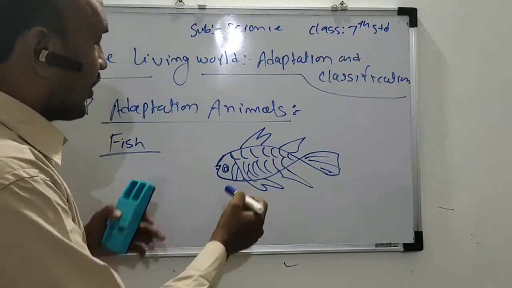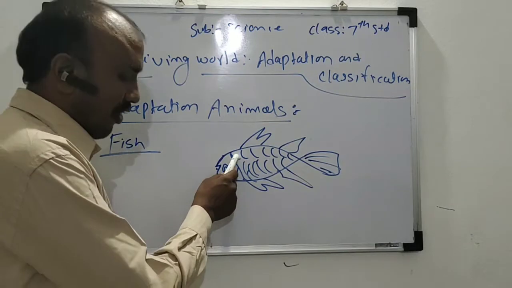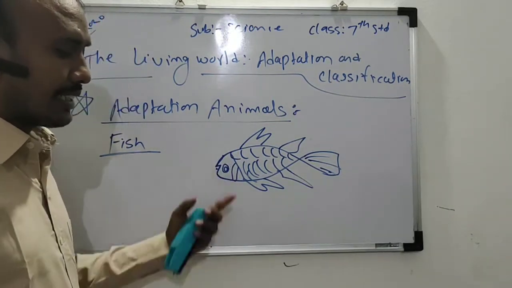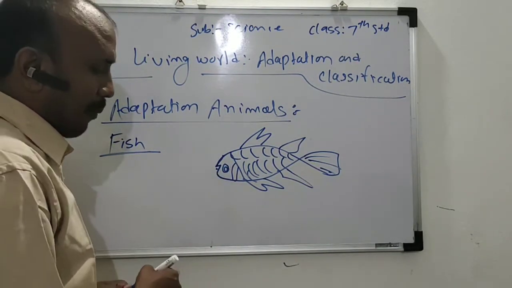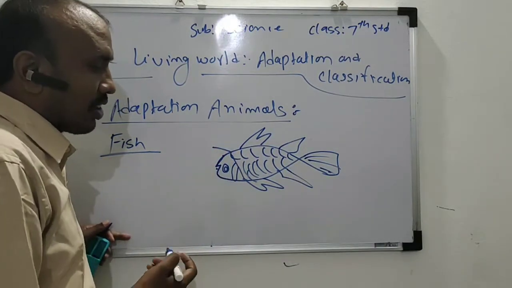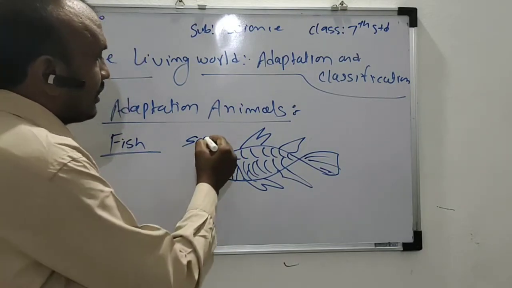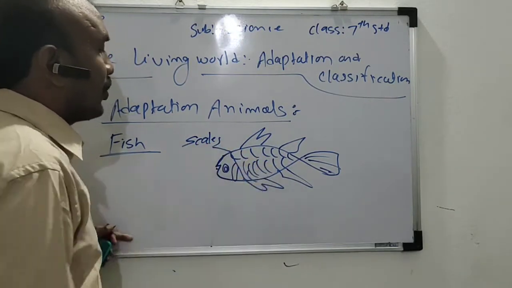Yes, this is the fish diagram. So what do you observe in the fish diagram? This part is called scale. What is the purpose of the scale?